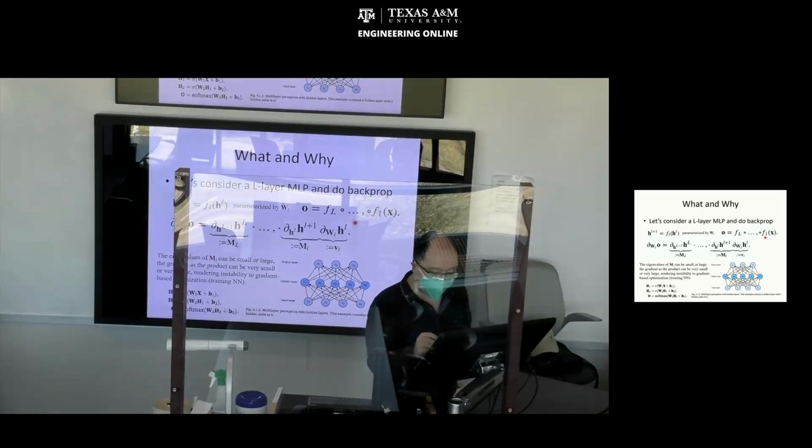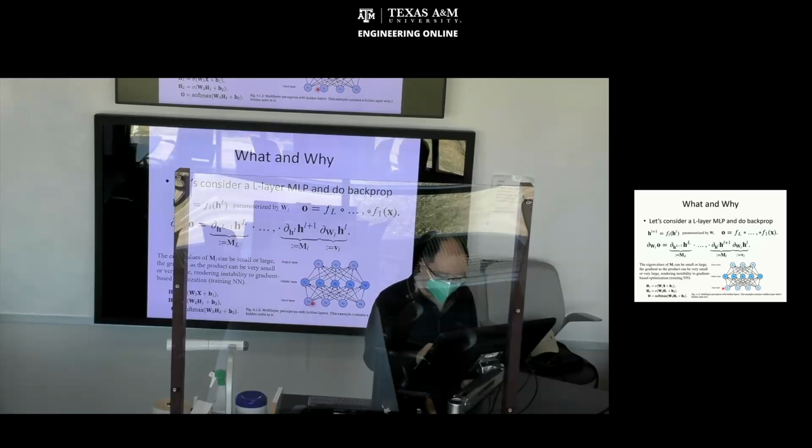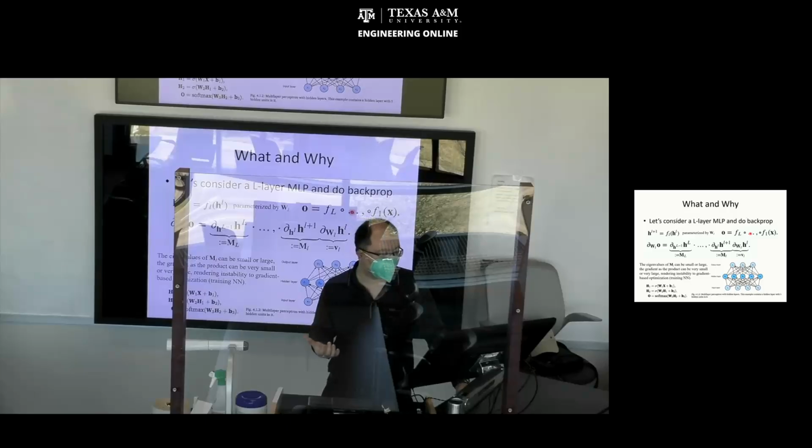So you have F1, and X is fed into the input layer, and the output is F1 of X, and F1 of X is fed to the first hidden layer, so that's fed to F2. So we use these circles to indicate this composing operation.